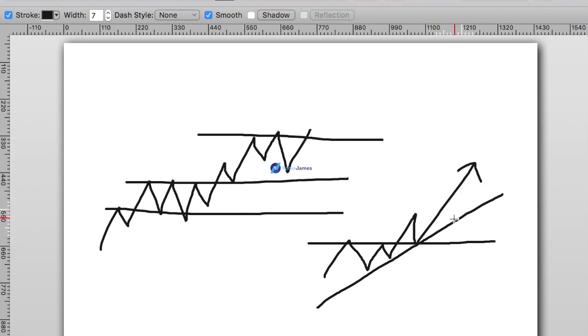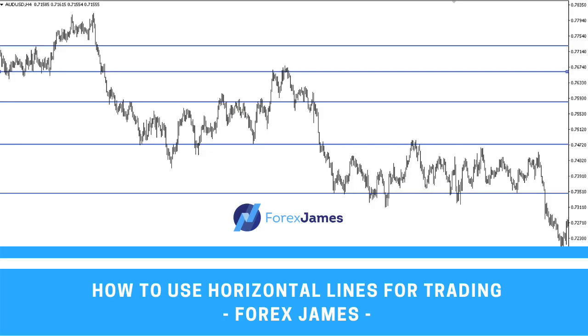But in this video's example, we're only going to be looking at horizontal lines, which I think are enough to analyze our charts. If I were to sum up what technical analysis is about, it is about finding support and resistance levels. And by using horizontal lines, that is all that we need to identify those zones.